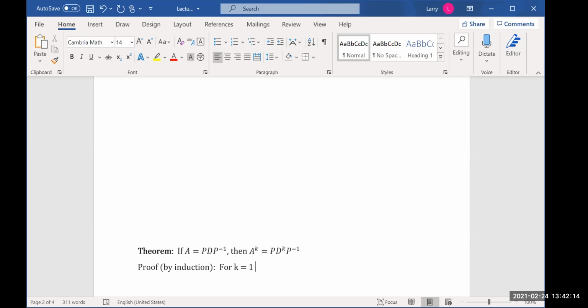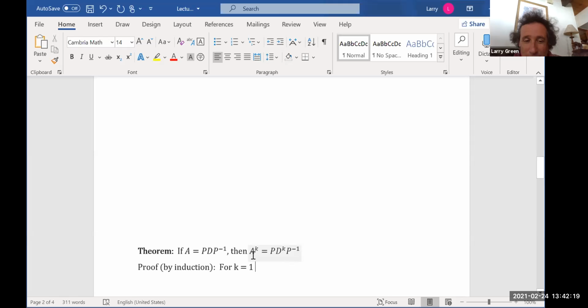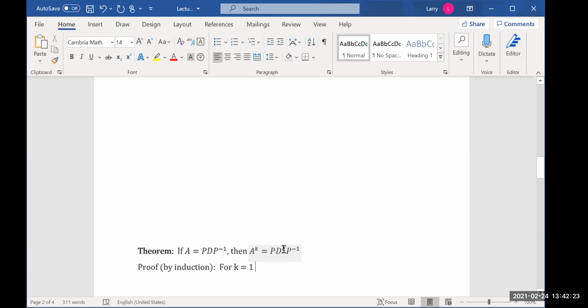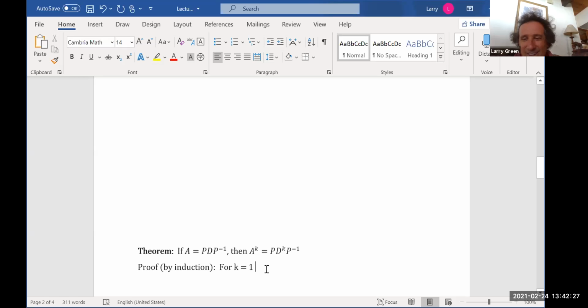Well, it's just one, so you just plug in 1. What's A to the 1? A. And what's D to the 1? D. There's the theorem for 1. So hopefully that was obvious to everyone. So it's obvious.